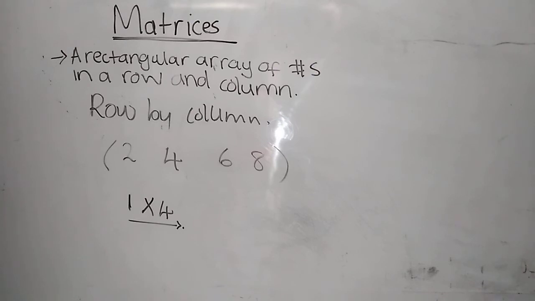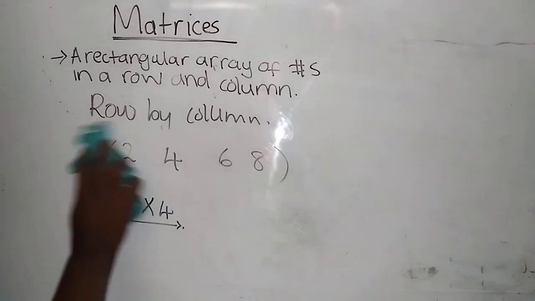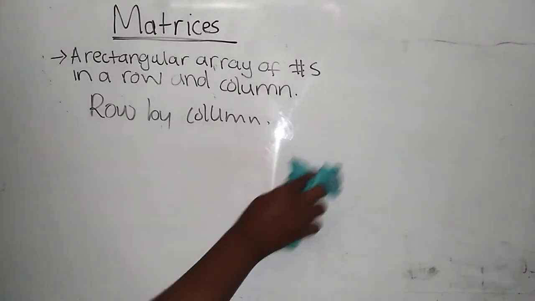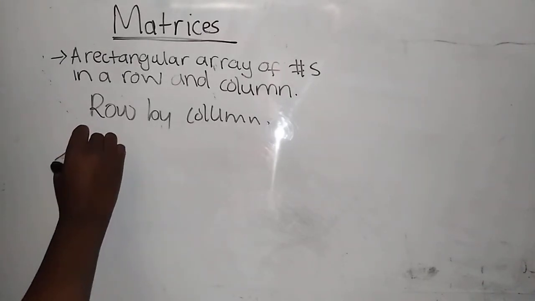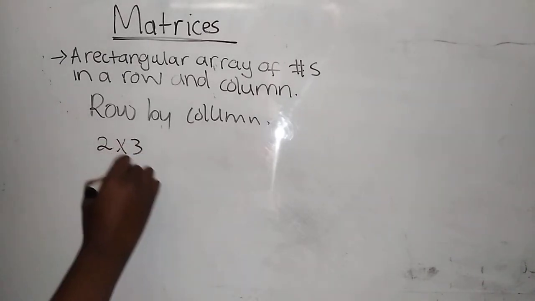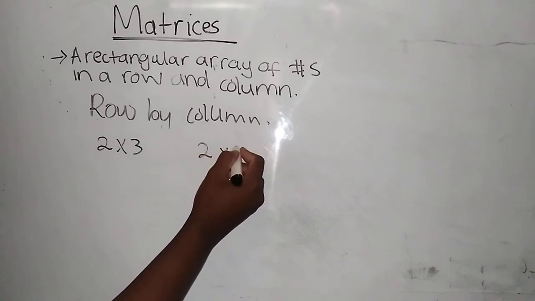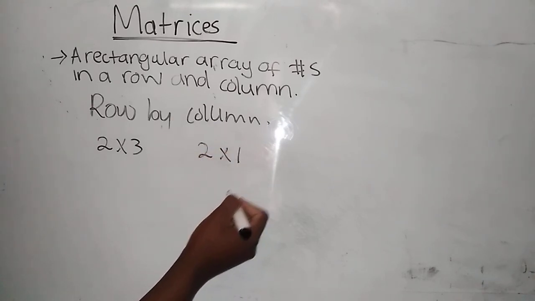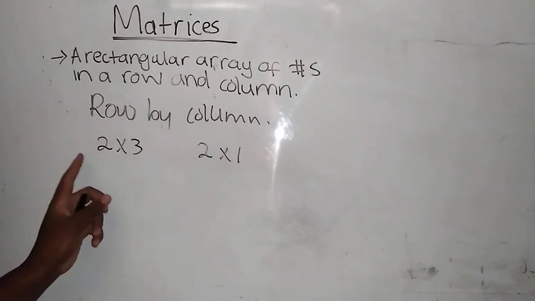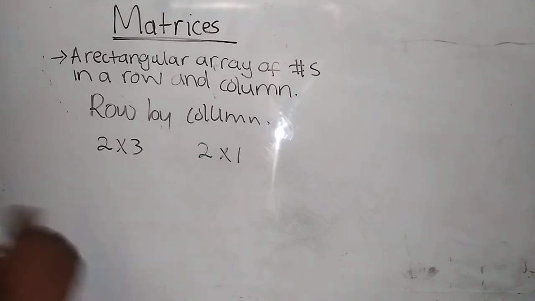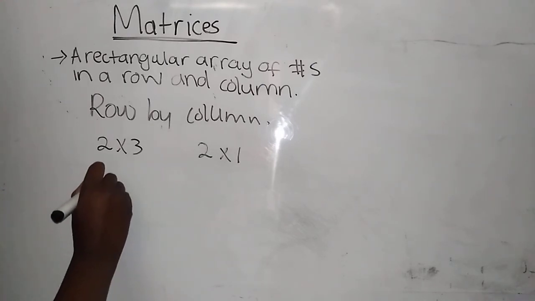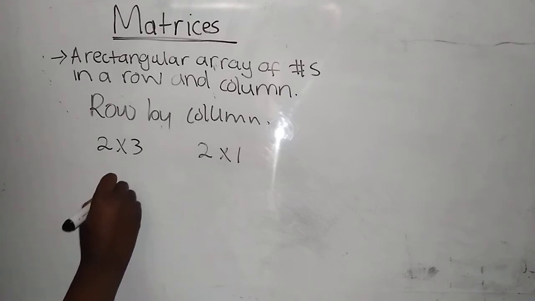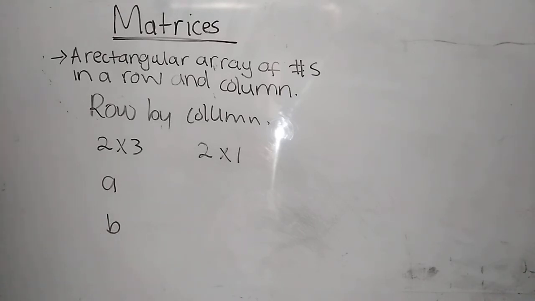Sometimes they can just ask you to give an example of a 2 by 2 matrix, or a 2 by 3 matrix, or a 2 by 1 matrix, right? How are you going to do that? For 2 by 3, the 2 simply means the number of rows. I can say A, B. These are my 2 rows.